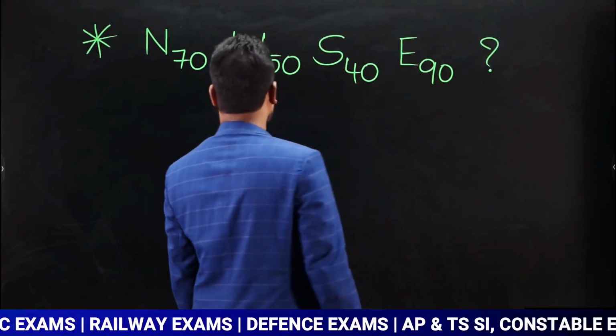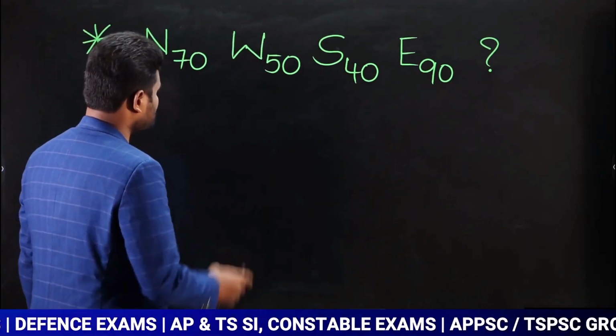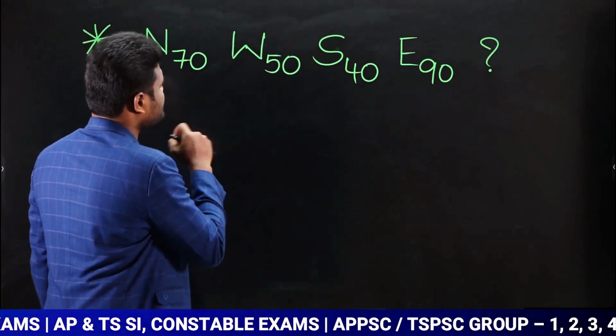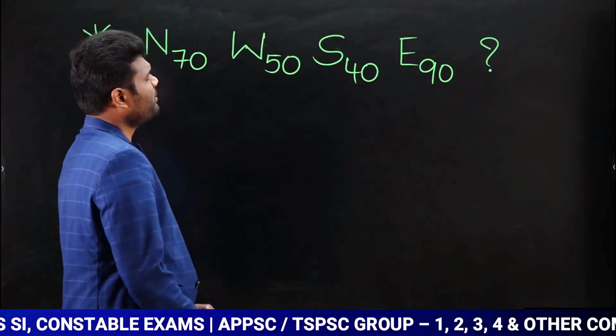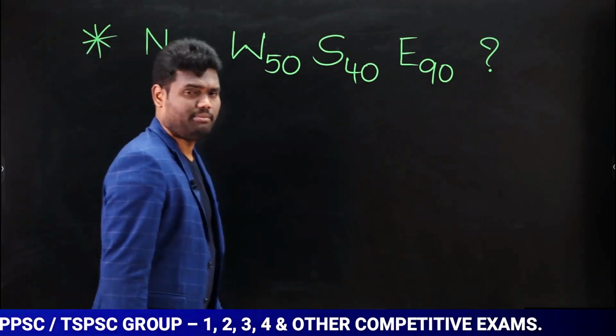So I am repeating the question one more time. A person traveled towards north 70 meters, followed by west 50 meters, followed by south 40 meters, followed by east 90 meters.